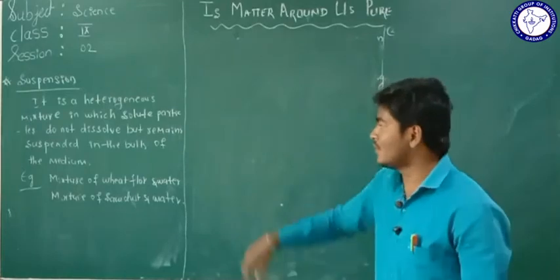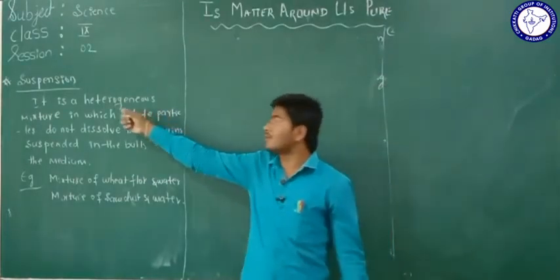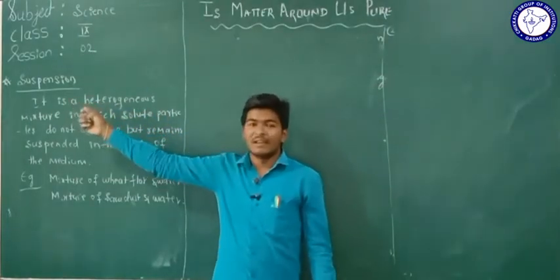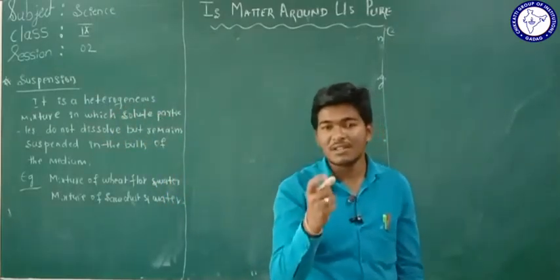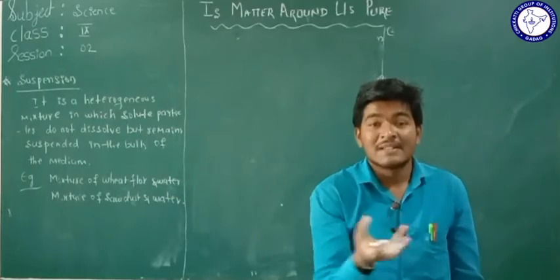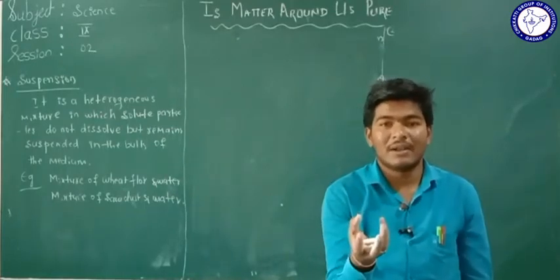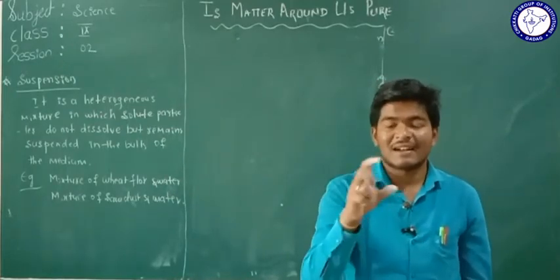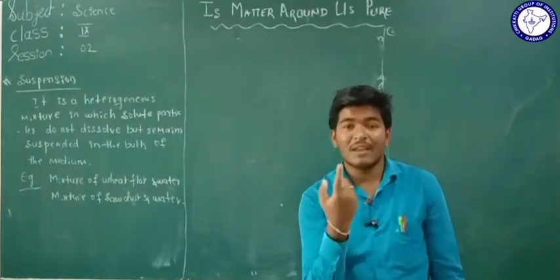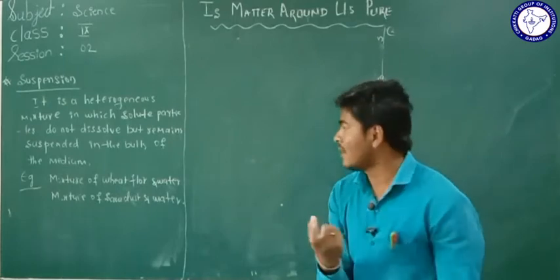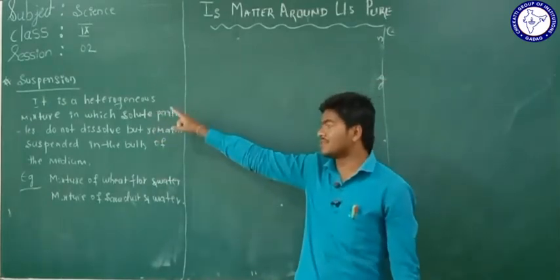Such types of mixtures are called suspensions. Is it clear? What is suspension? It is a heterogeneous mixture in which the solute particles are suspended throughout the bulk of the medium. The solute particles do not dissolve in the solvent. They are present everywhere in the bulk of the medium. That is known as the suspension.